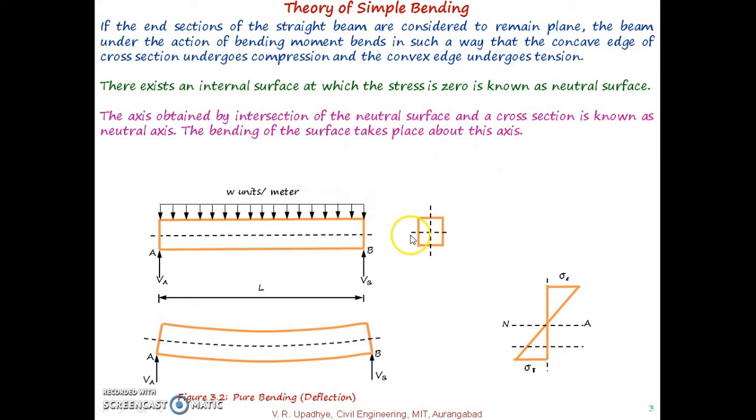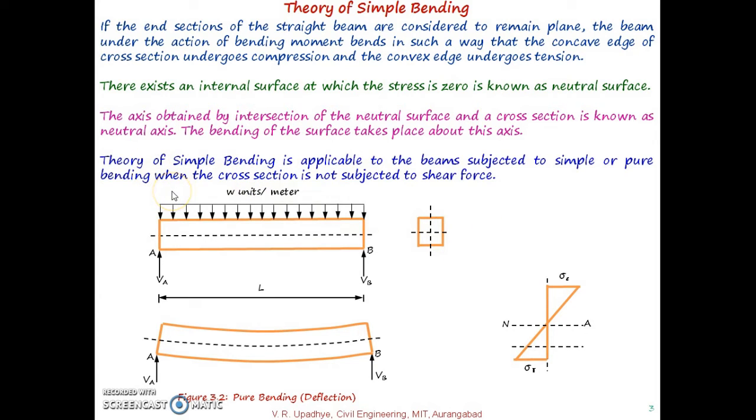It is shown over here in the cross section part. This axis is perpendicular to the neutral surface at the cross section, and the bending takes place about this axis. Whatever bending is taking place is about this neutral axis.